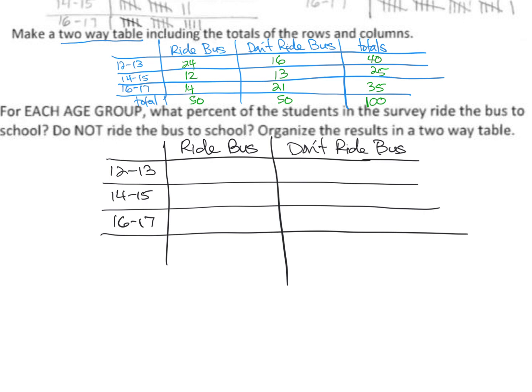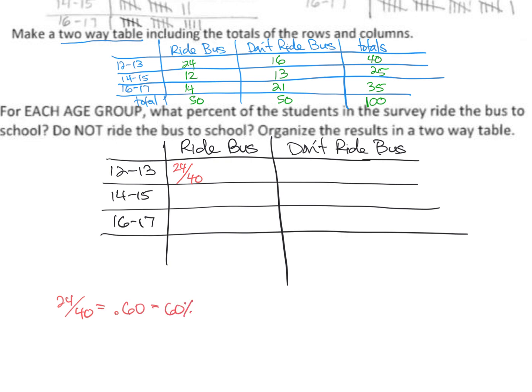So we're going to take the 24, and we're going to divide it by 40. So we're going to grab our calculator and say 24 divided by 40. If we do 24 divided by 40 in our calculator, we get 0.6. And we need 2 decimal places, and then we're going to make it a percentage.